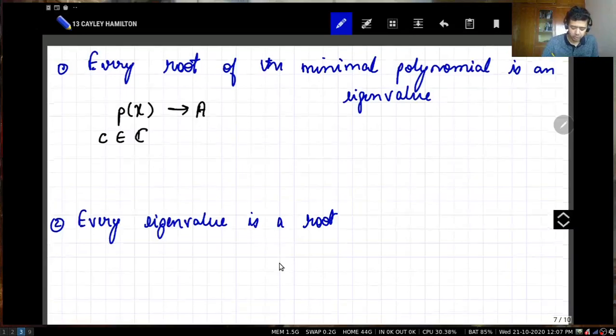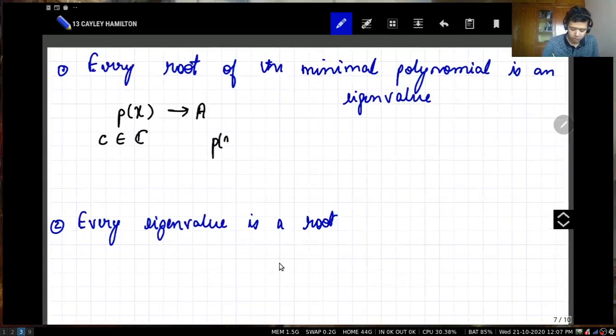So what does this mean? Since C is a root, we can write P of x equal to x minus C times Q of x.